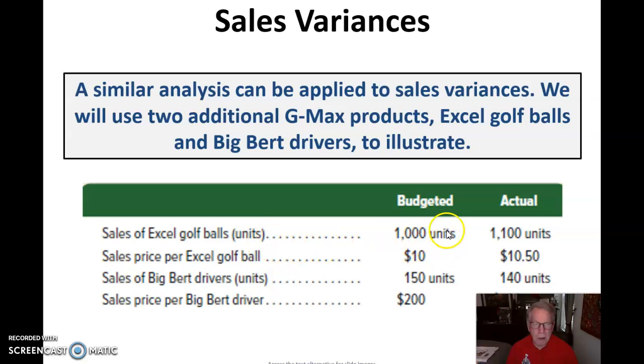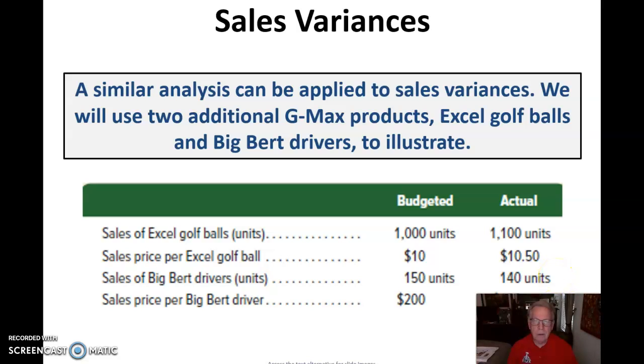Here we're going to budget that we're going to make 1,000 golf balls and 150 Big Bert drivers. But what did we actually do? We sold more golf balls than we thought, and we sold them at a higher price than we thought. But for the Big Bert, we sold fewer units than we thought, and we sold them at a lower price. If you can see that 190 below my picture there. Okay.